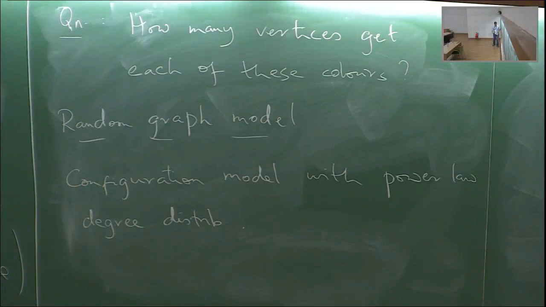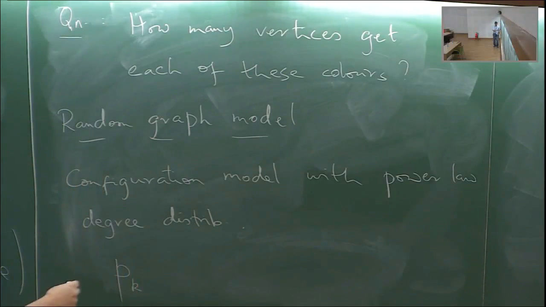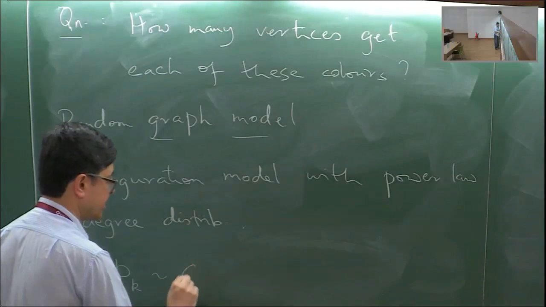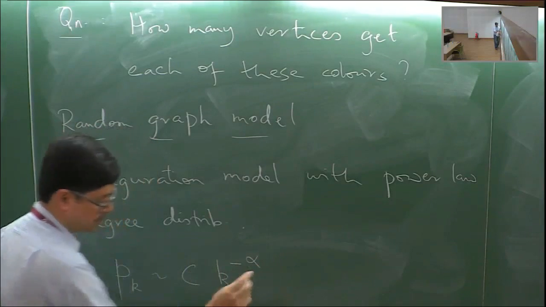So same as before, p_k, the probability that a vertex has degree k, is roughly some constant times k to the minus alpha.